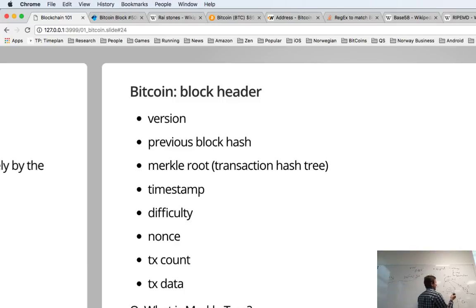What's the probability that this belongs to A? Almost 100%, right? What's the probability that this address and this address belong to A? Well, you don't know. You can have some heuristics and some estimation based on what happens later with the funds, right?